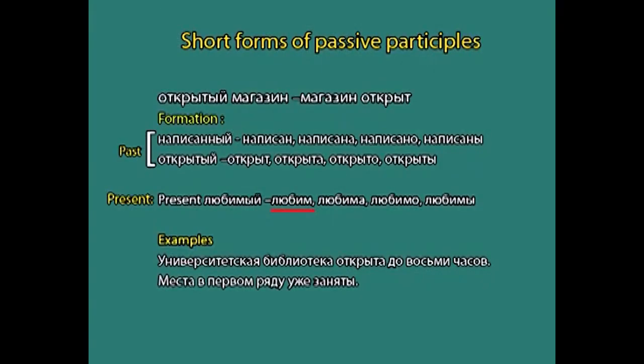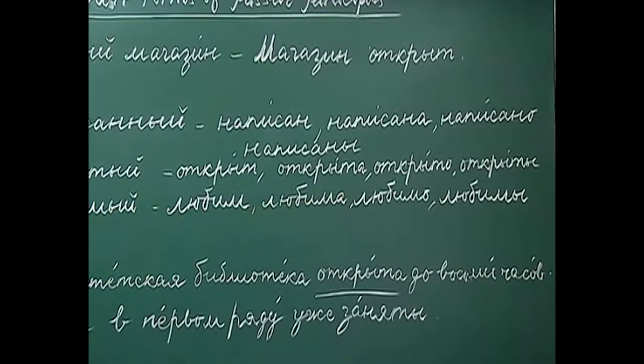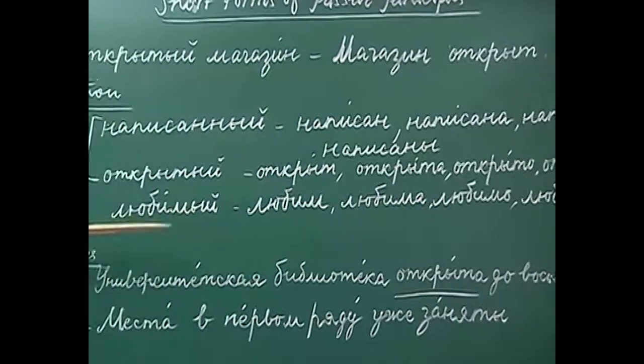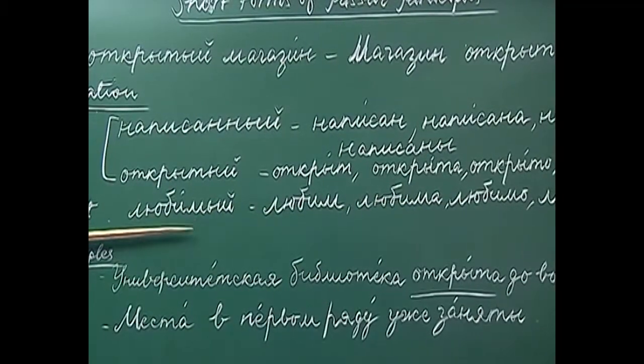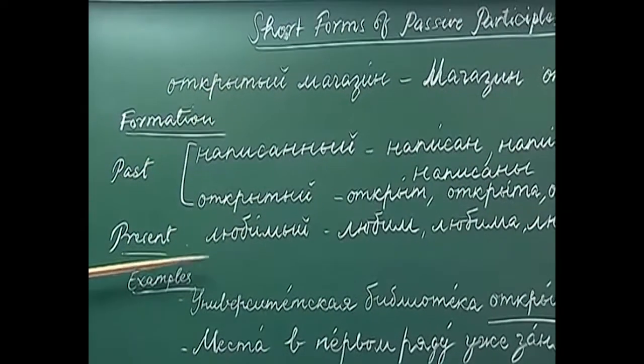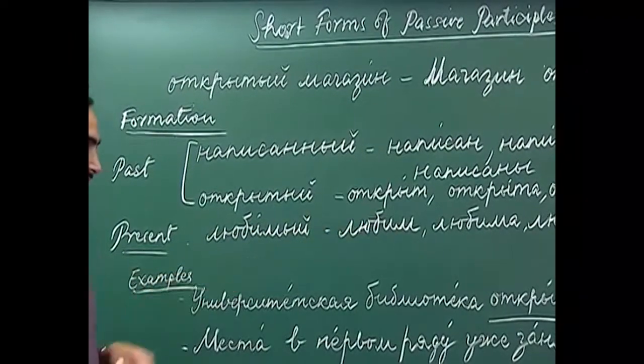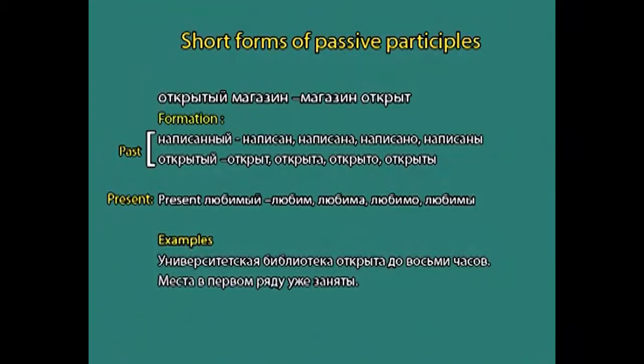For example, lubim, lubima, lubimo and lubimi. So, these are 4 forms, although we must mention it here that the short forms from the present participle passive are very rarely used. Let us discuss some examples.